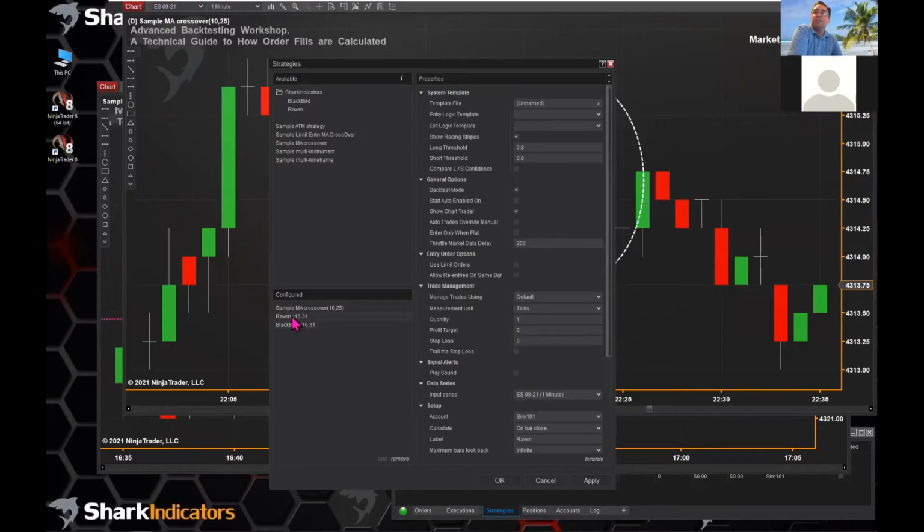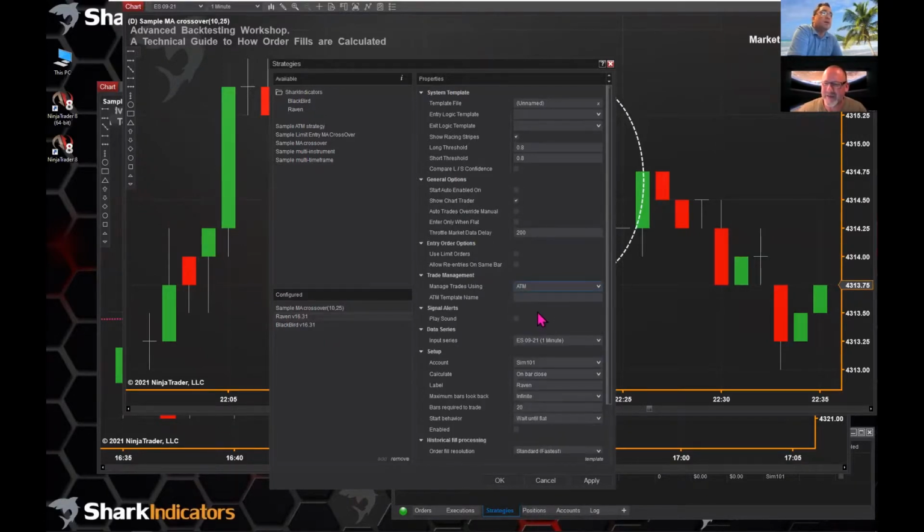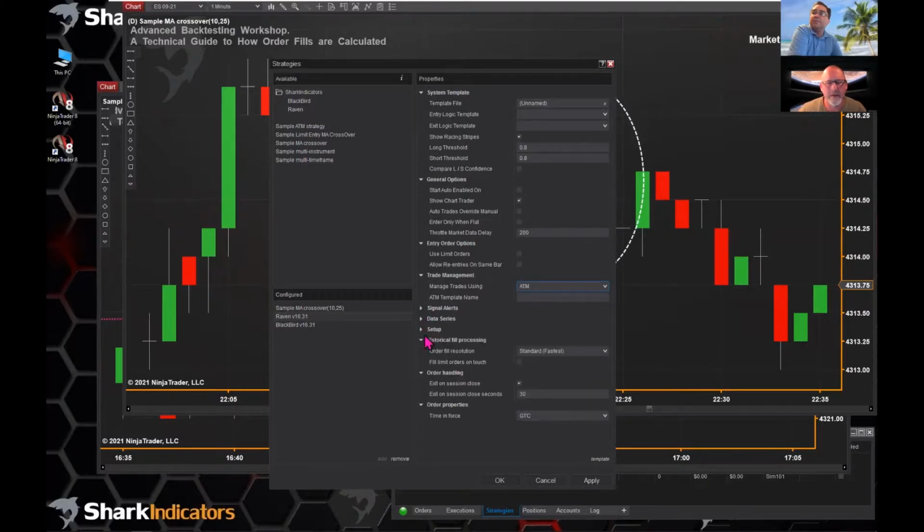So once NinjaTrader figures out a solution to backtesting their own ATM, then you'll be able to backtest ATMs within Raven. So yeah, what Eziv is talking about here is in the trade management section. Let me close all this stuff out so we can focus on what's necessary here, right?